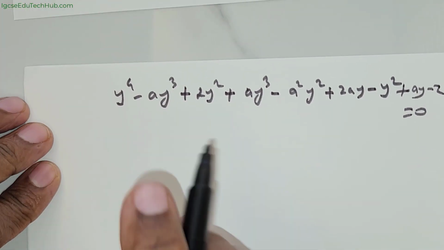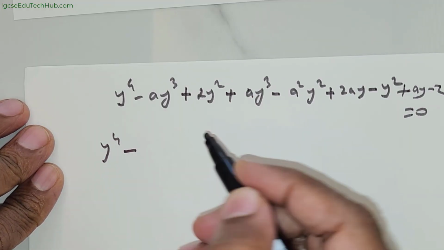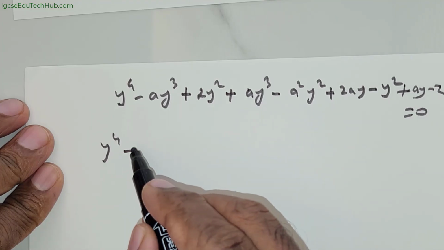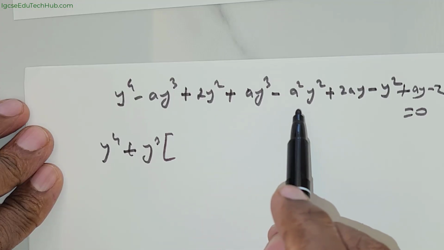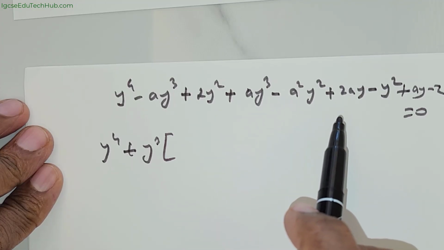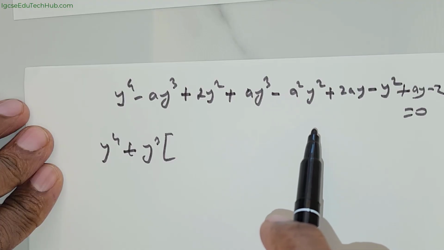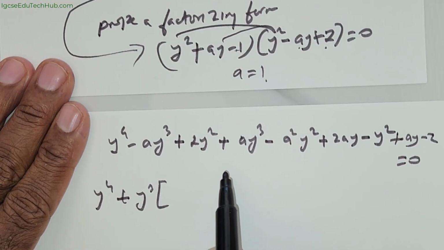Okay, now we have to work with this. So y to the power of 4 is there. Then I'll take y cubed. If I take y cubed, I have to look for the values which have y cubed. So let me check.